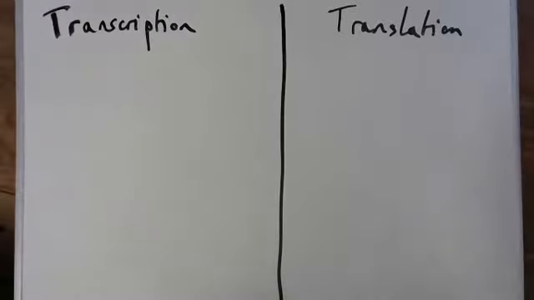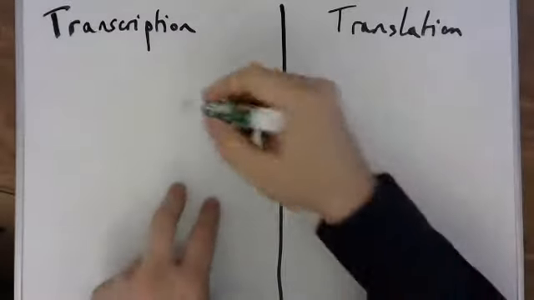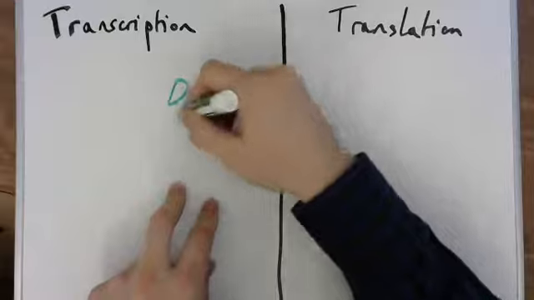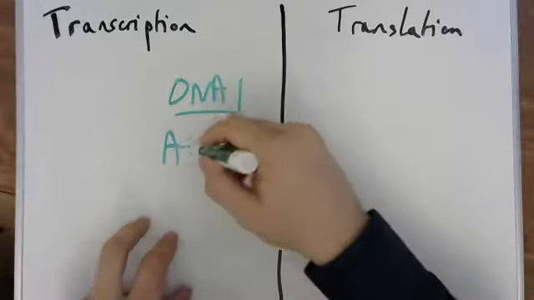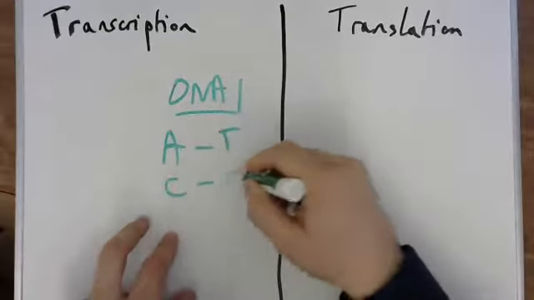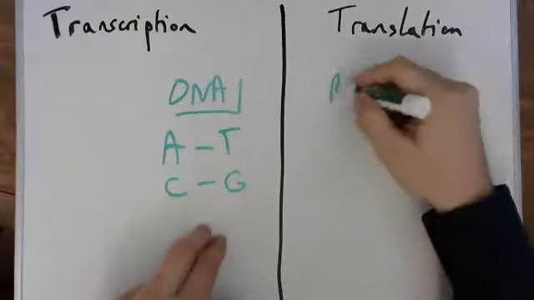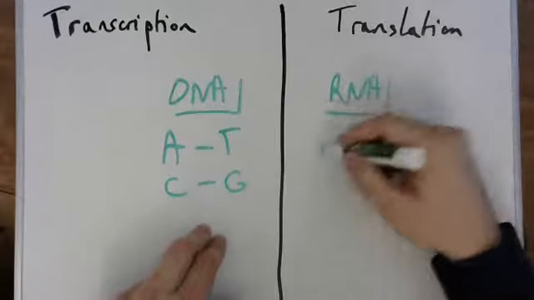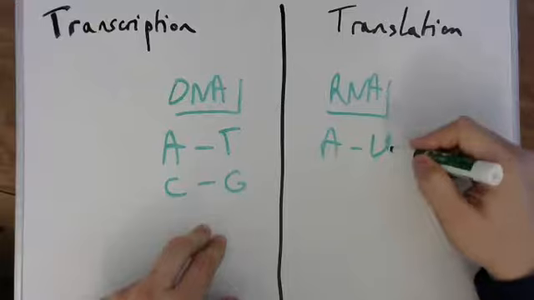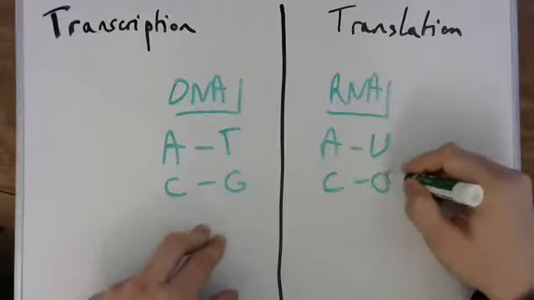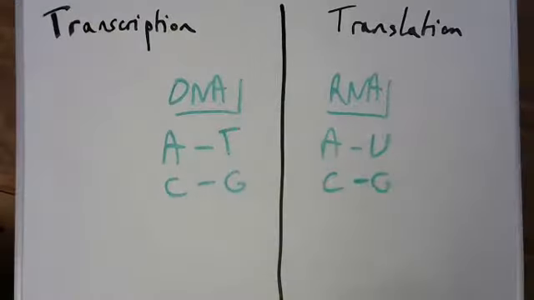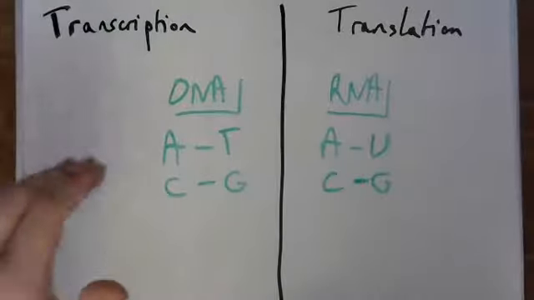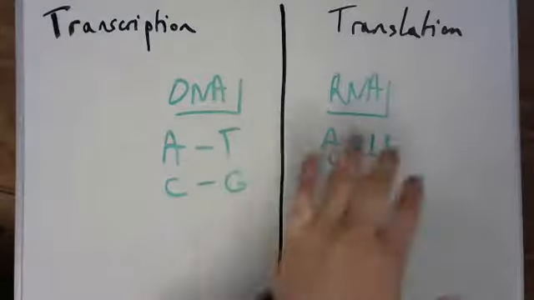First things first, though, I hope you remember DNA bases. It's going to be ATCG. Right? If you talk about RNA, that's going to be AUCG. Just making sure we're on the same page. Those are the nucleotides. It's going to be ATCG or AUCG.